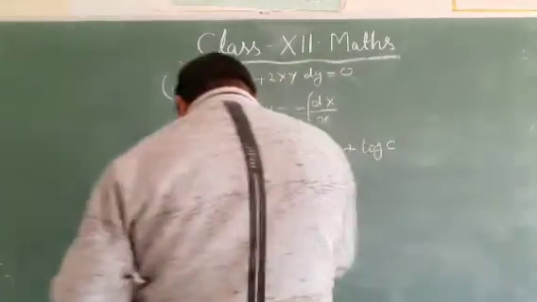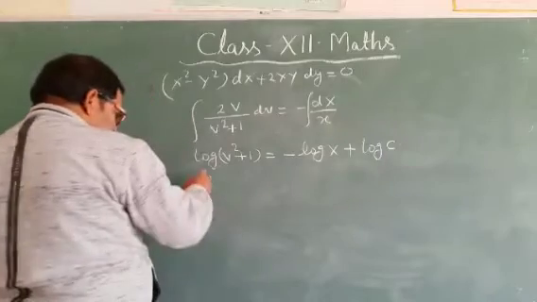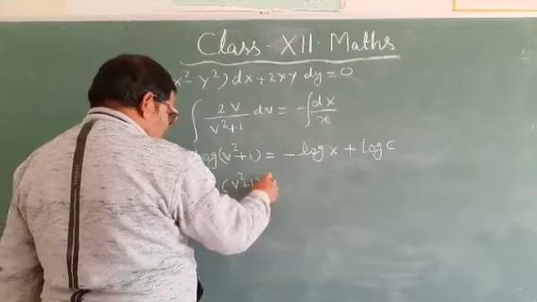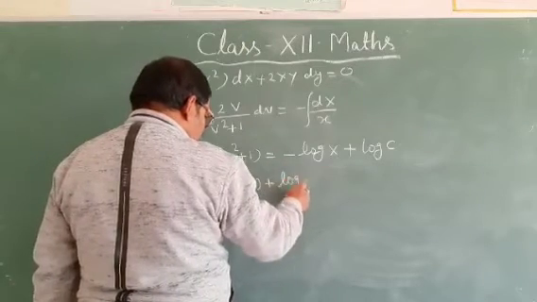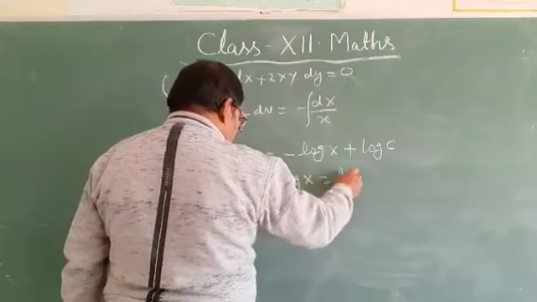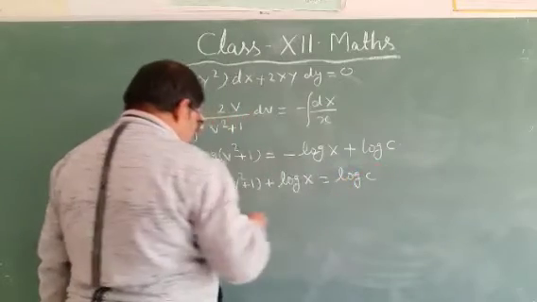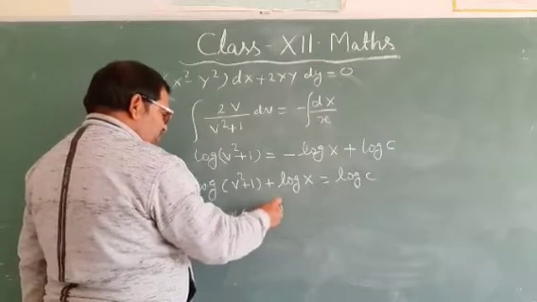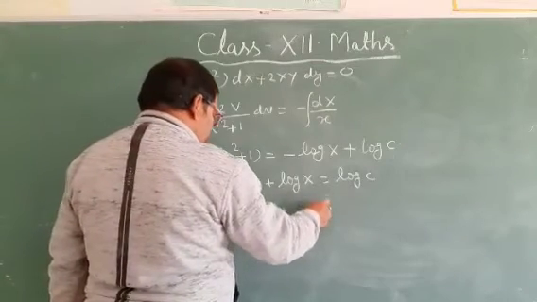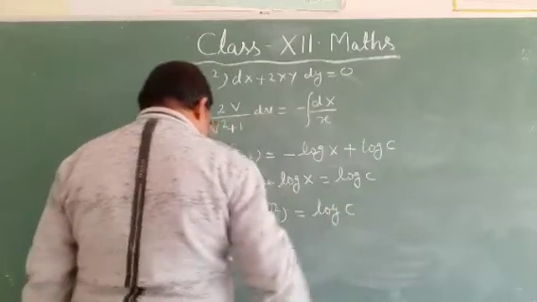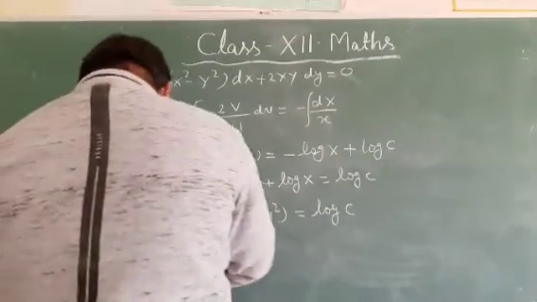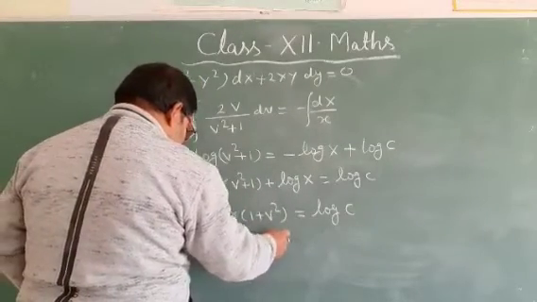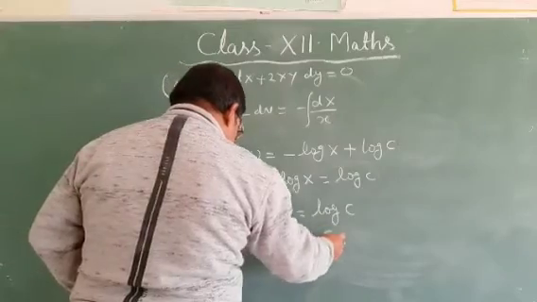So log (v square plus 1) plus log x is equal to log c, and log x(1 plus v square) equal to log c. So x(1 plus v square) equal to c.